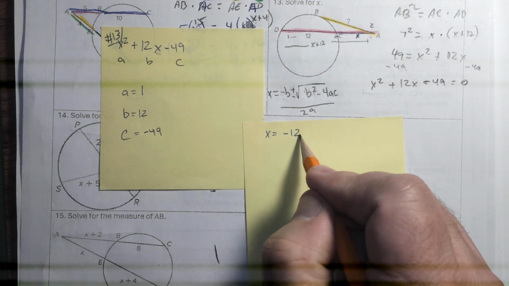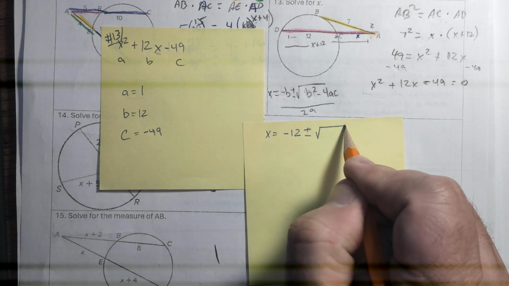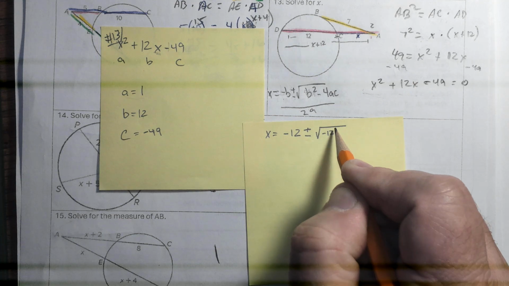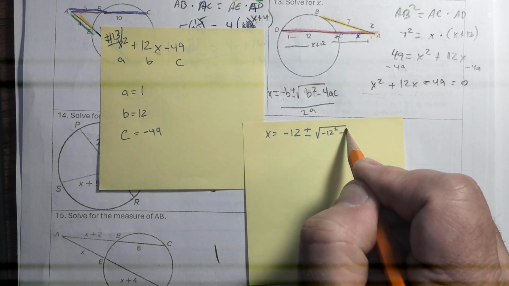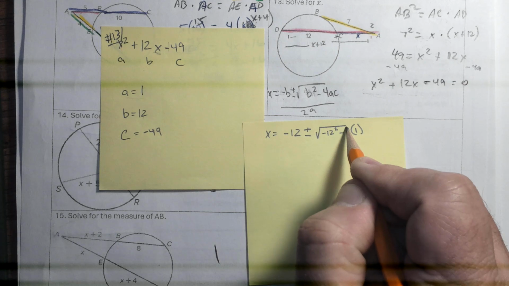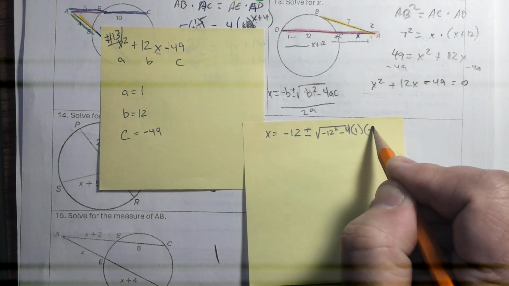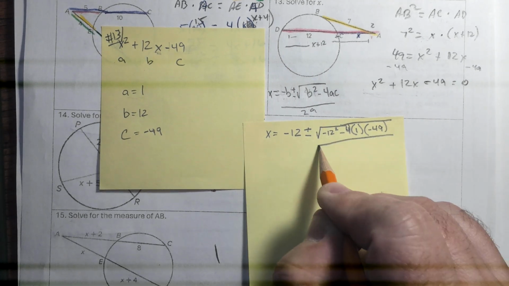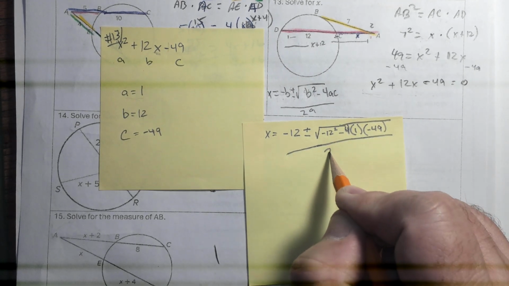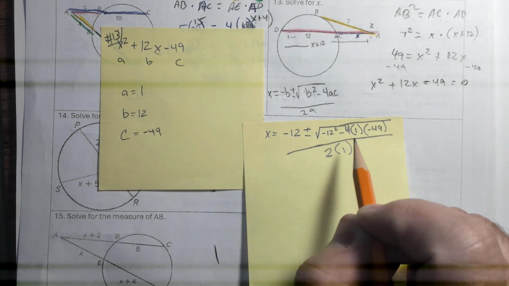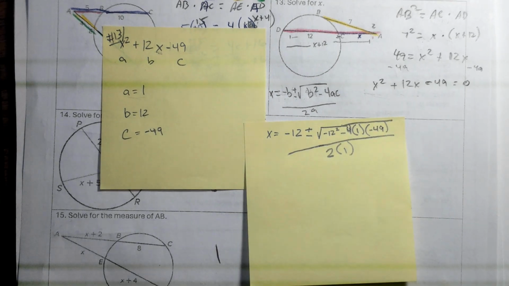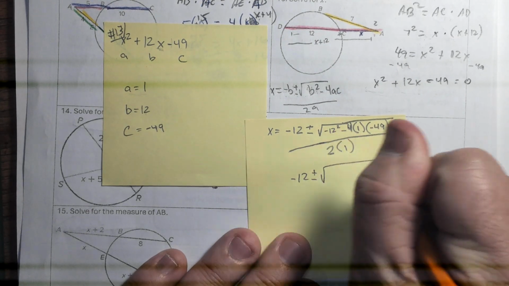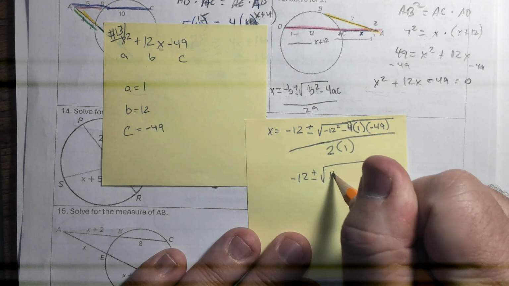So negative 12 plus or minus the square root of b squared, so negative 12 squared, minus 4 times a, which is 1, times c, which is negative 49, over 2 times a, which is the 1. Okay, so negative 12 plus or minus. So negative 12 squared is a positive 144.